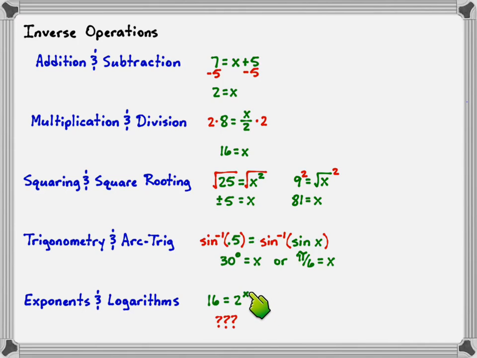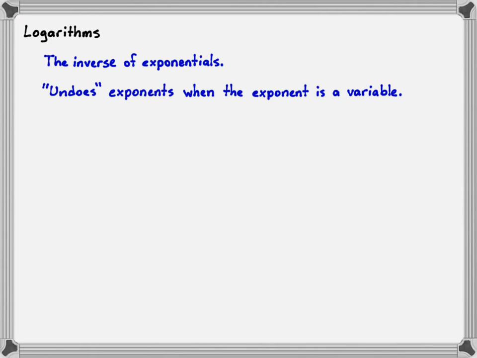It's not a number. What is the number? The base is the number. So when the base of an exponential expression is a number, and the exponent is the variable, then a logarithm is going to help us undo our exponent in order to get the variable by itself. So it isolates the exponent.